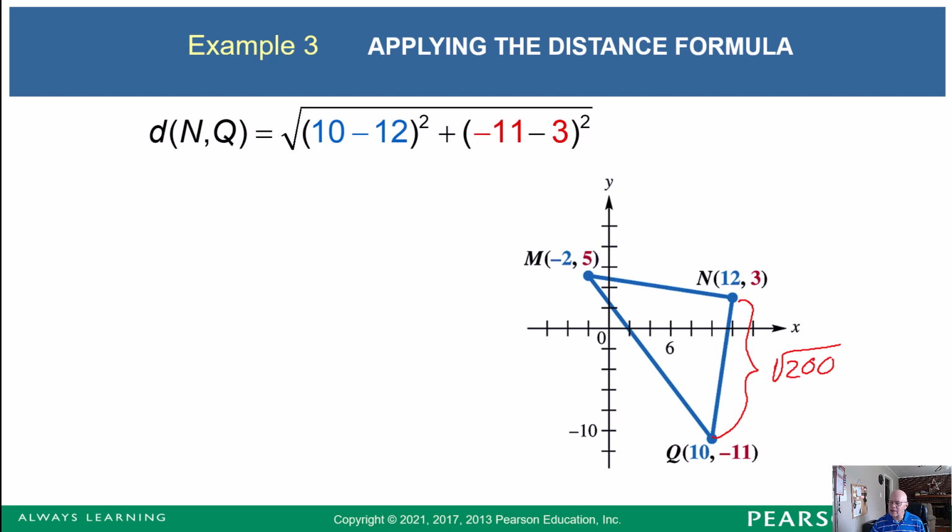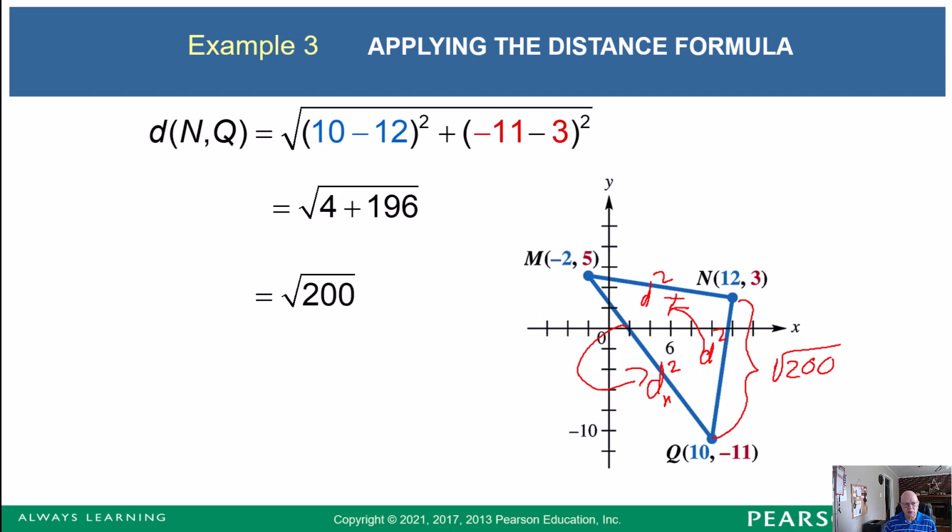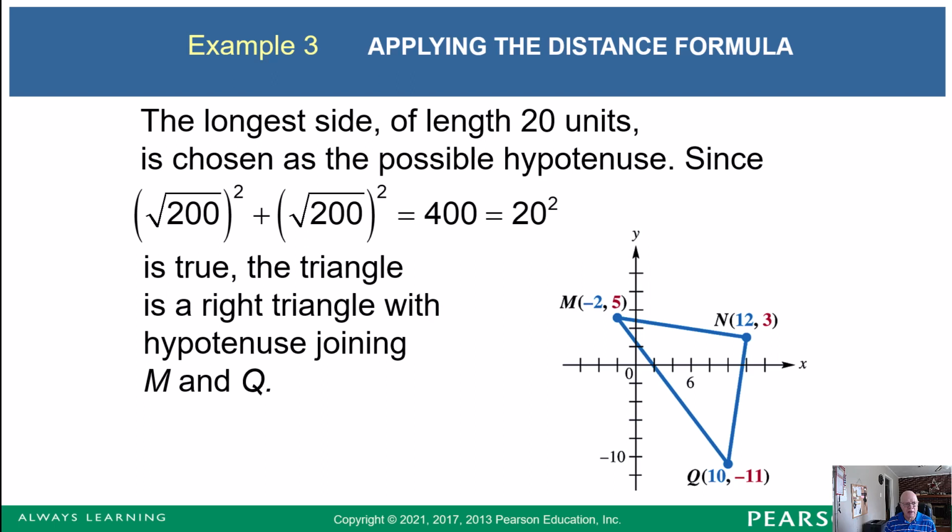Now the question is, does this squared plus this squared give you this distance squared on the hypotenuse? There's our square root of 200 for N to Q. And sure enough, the squares of two of them equal the square of the third one.